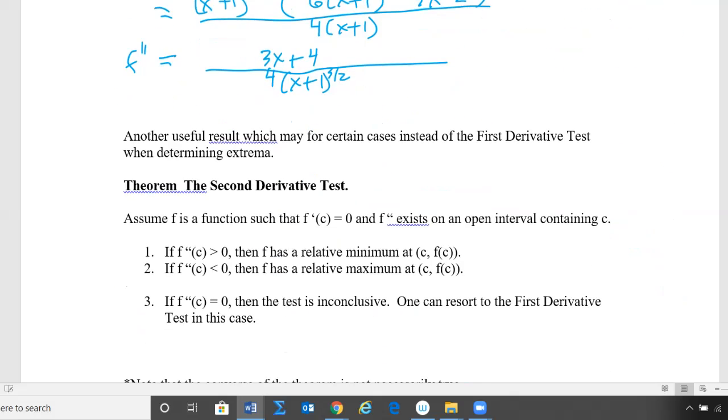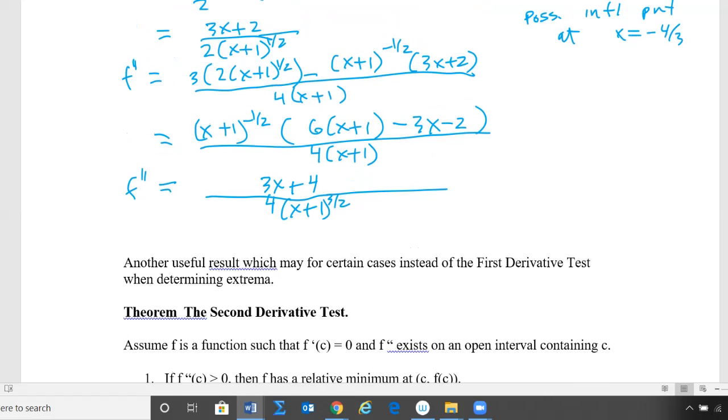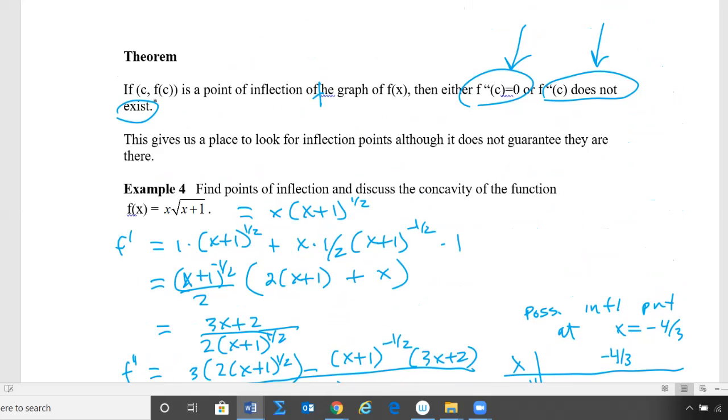So let's see if this is an inflection point. Here's what you have to do. Again, we're back to that little table. At -4/3, now it's pretty close to the -1, so we don't want to go too far over.